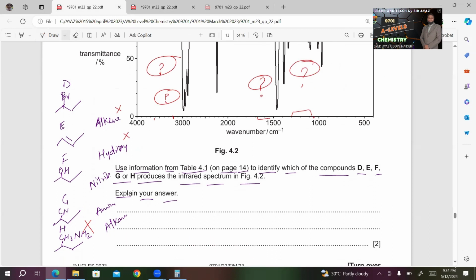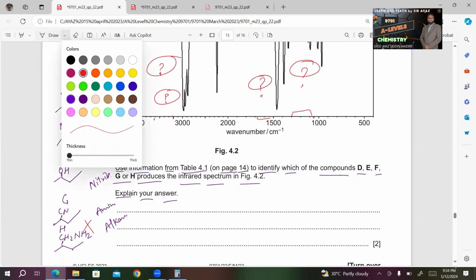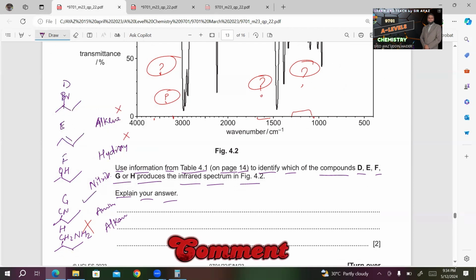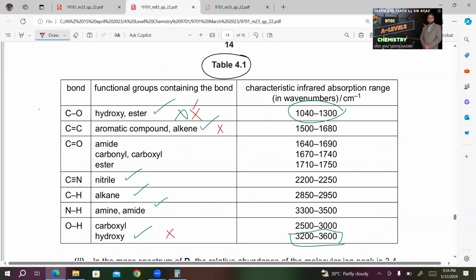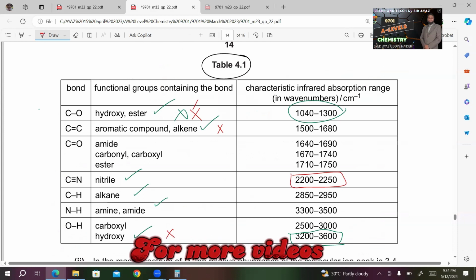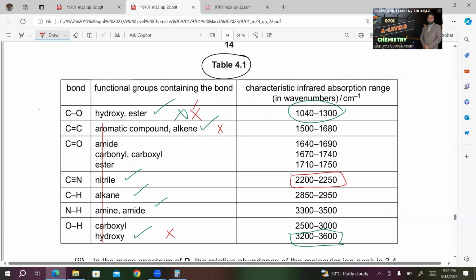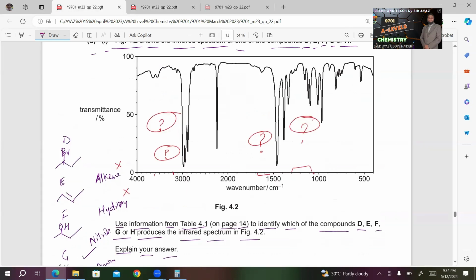So it must be nitrile. Let's see. For nitrile, the absorption must be 2200 till 2250.